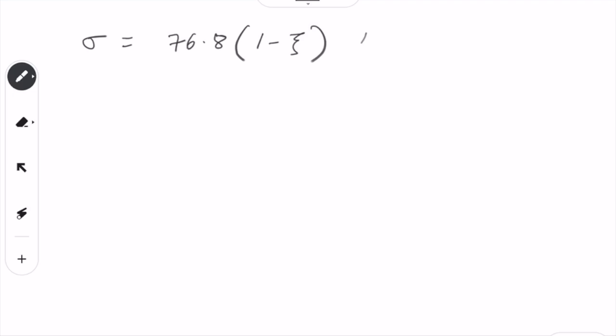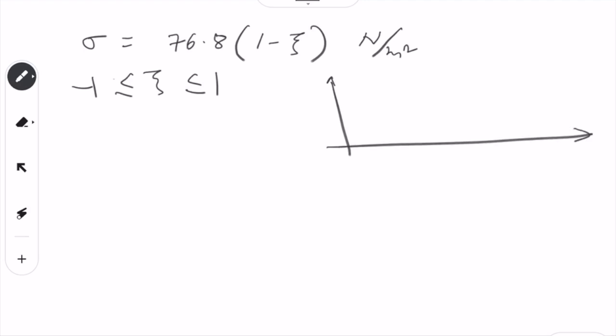Okay, so this is in Newton per meter square. So this is the stress you get, and this varies with xi from minus 1 to 1.